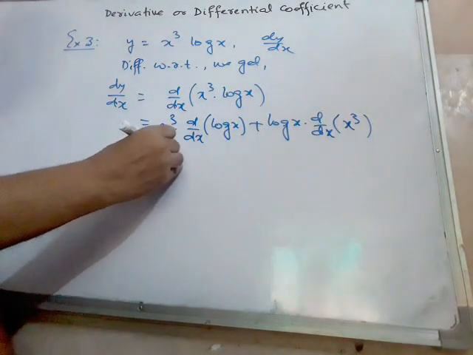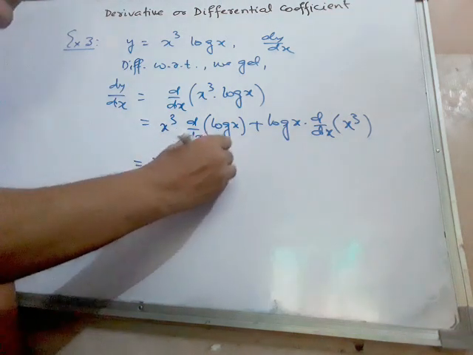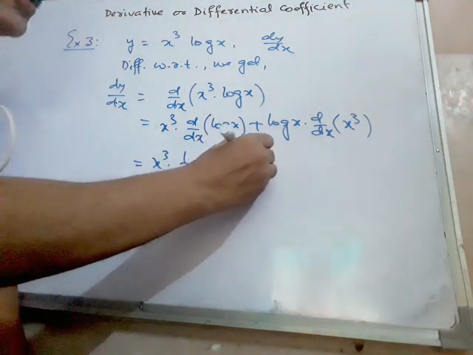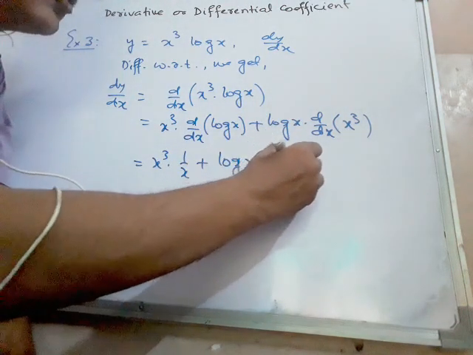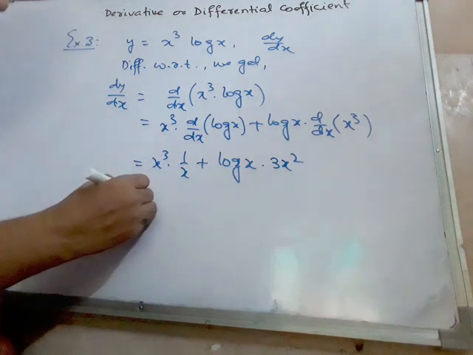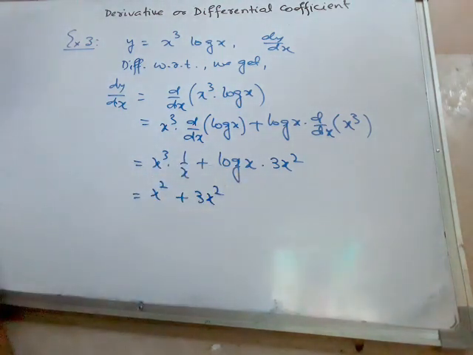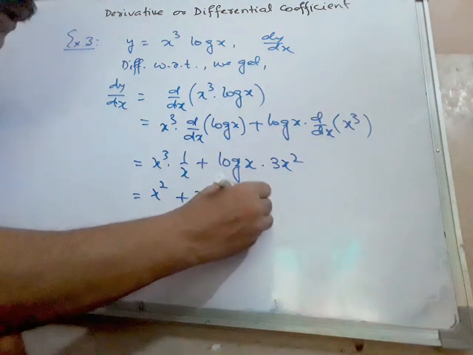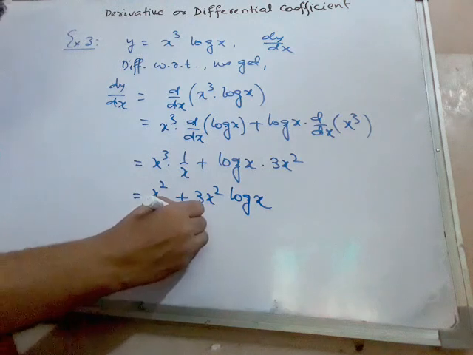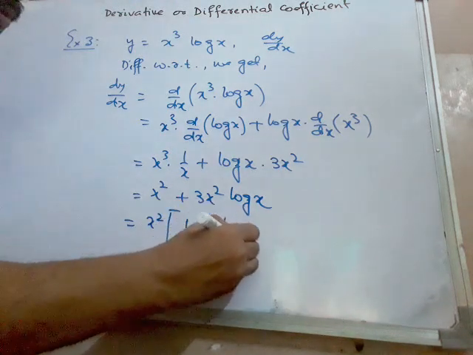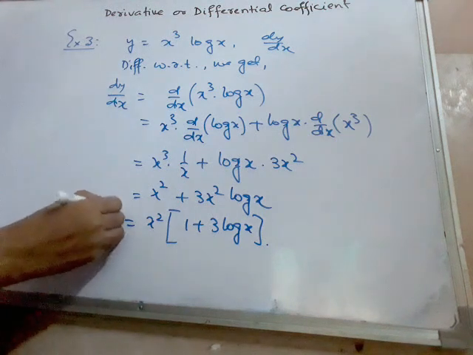As a result, x cube into derivative of log x, which is 1 by x, plus log x into derivative of x cube, which is 3x square. So finally x square plus 3x square into log x. So x square common, 1 plus 3 log x. So this is the answer, dy by dx.